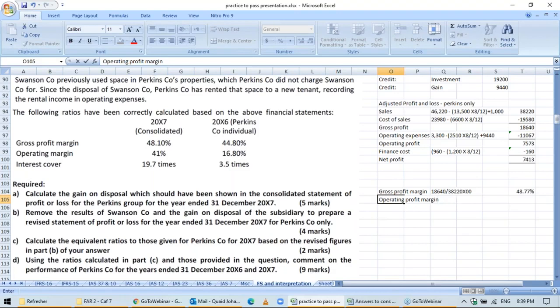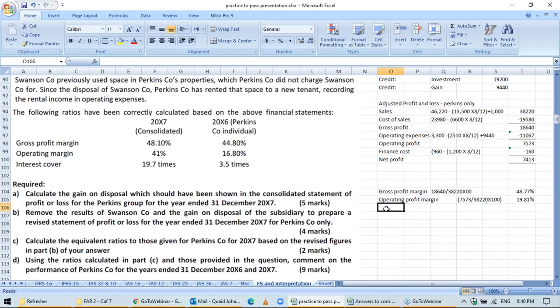Then operating profit margin will be, the operating profit is 7573 divided by the sales multiplied by 100. This makes 19.81%.